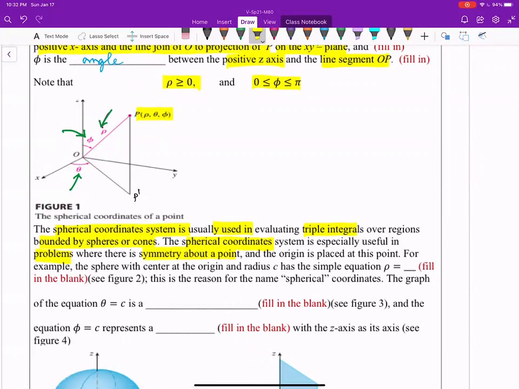Earlier, we saw cylindrical coordinates were useful when there was symmetry about an axis. Now we will use spherical coordinates in triple integrals where there is symmetry about a point, and the origin is placed at this point. For example, the sphere with center at the origin and radius c has a very simple equation, rho equal to c.